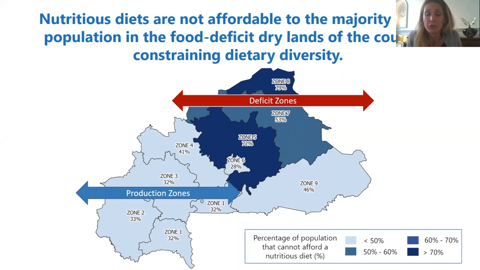In the furthest north region, which is the driest region of the country, where there is persistently high acute malnutrition, we also see that 80% of the population cannot afford a nutritious diet, so a large majority of the population. That's constraining households' and individuals' dietary diversity.